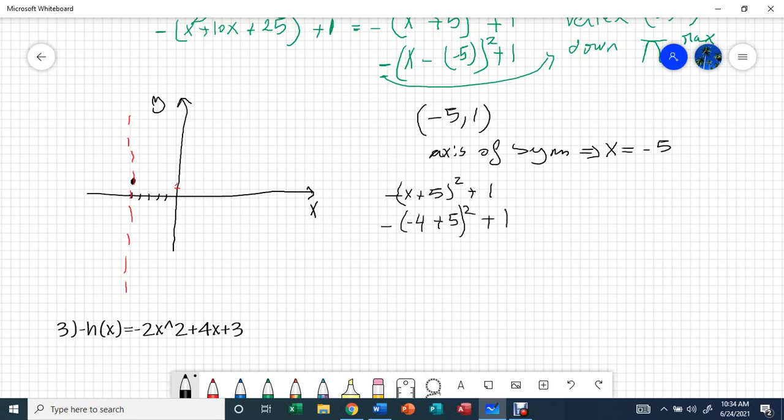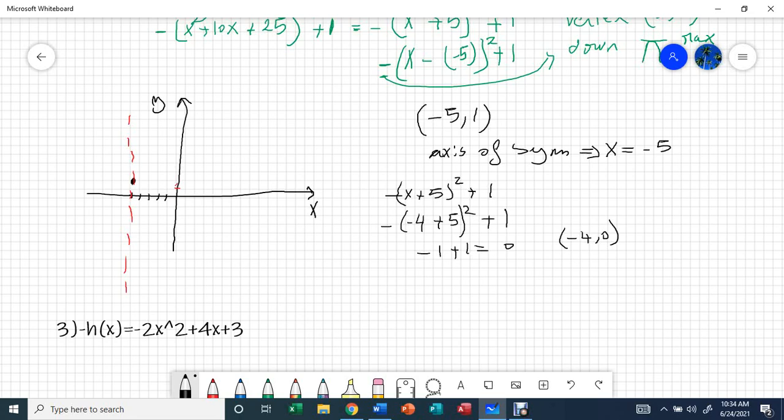Negative 4 plus 5 is 1, 1 squared is 1, multiplied by negative, you get negative 1, plus 1 is 0. That's the x-intercept, and it's easy to plug in. So negative 4, 0 is my second point.